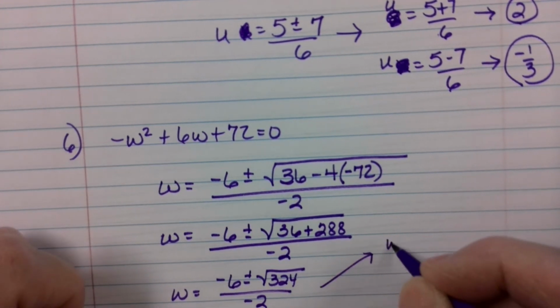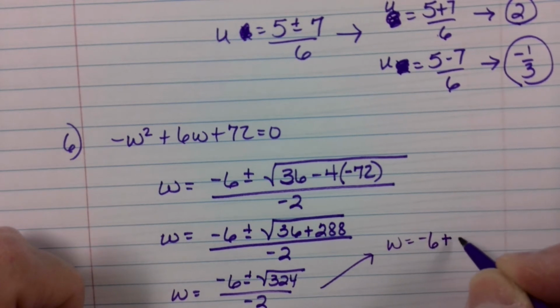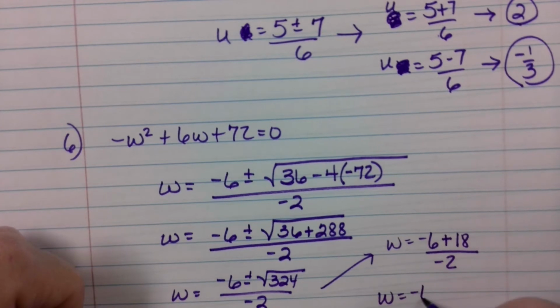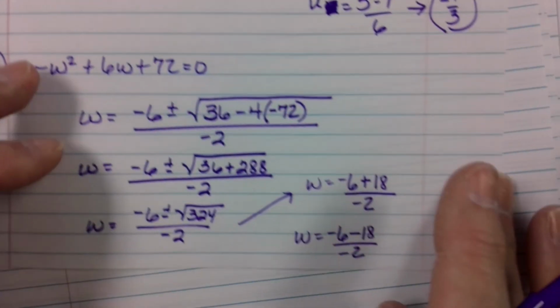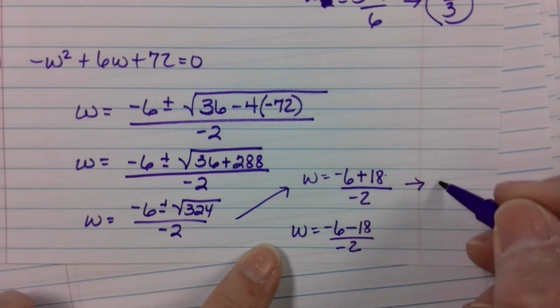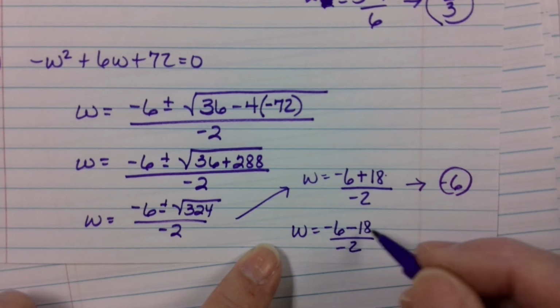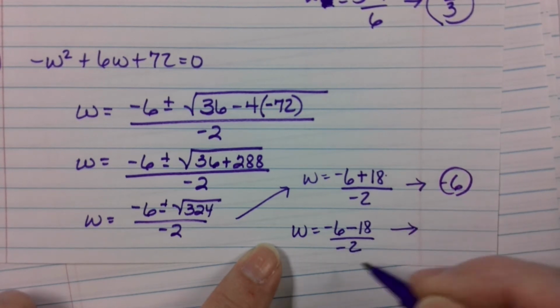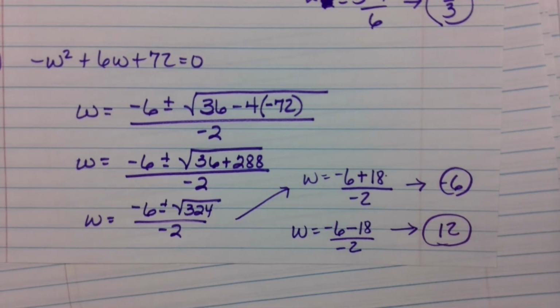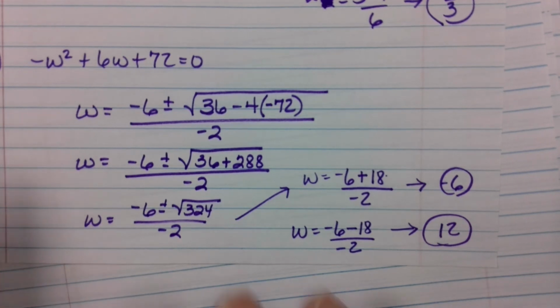So W is going to be negative 6 plus 18 over negative 2, and W is going to be negative 6 minus 18 over negative 2. So when you add these together, you get 12, and divide it by negative 2, you get negative 6. You add these together, you get negative 24, divided by negative 2, and you get 12. Raise your hand if you got that one correct. Very good.